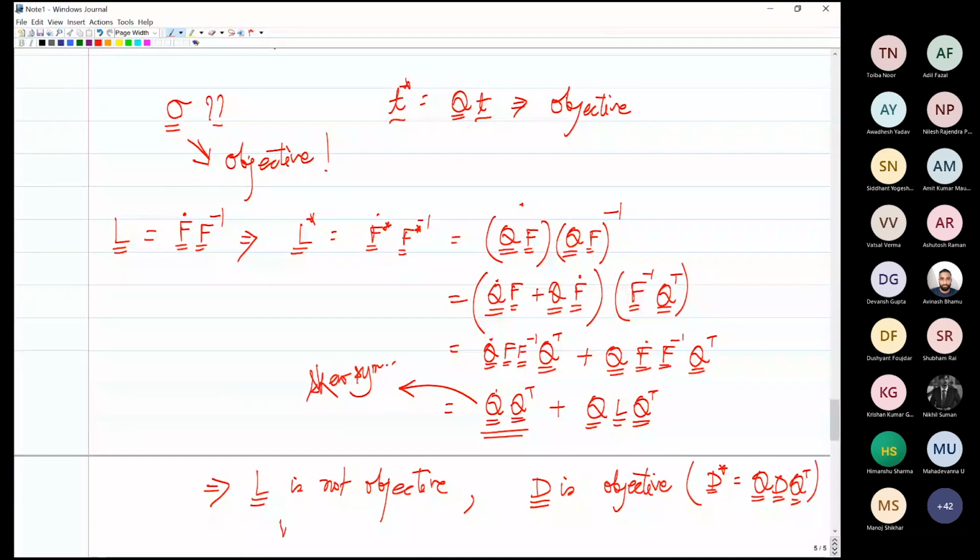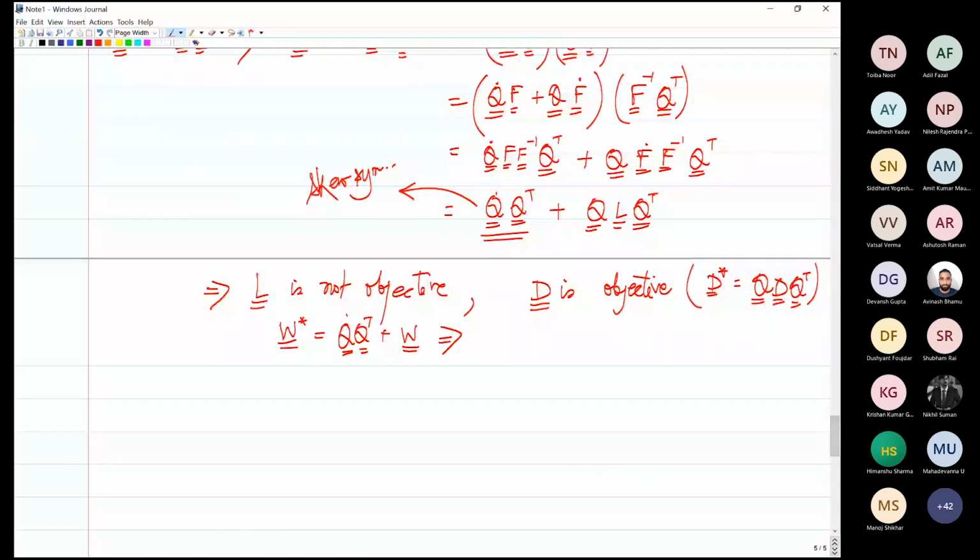But W, the spin tensor, W star will then be equal to Q dot Q transpose plus W. So this implies W is not objective.